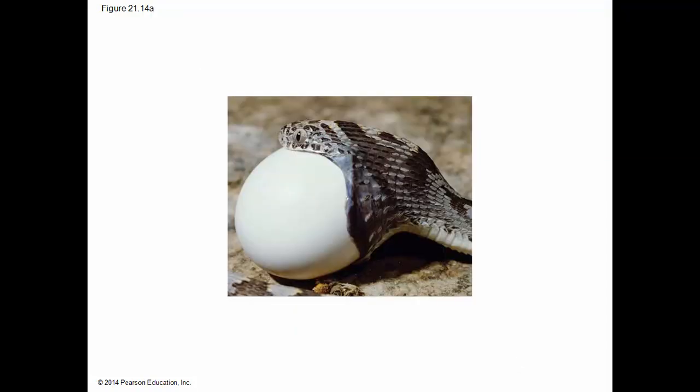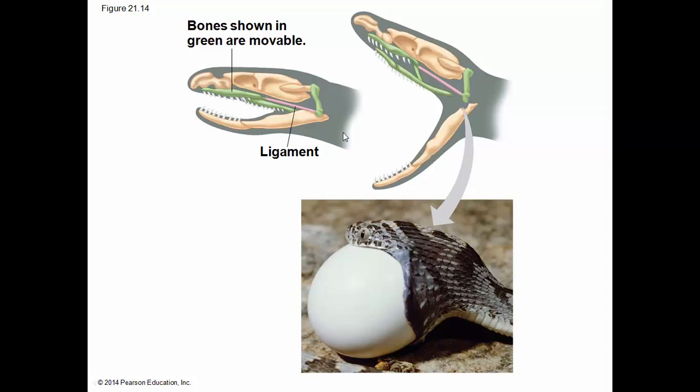Here's the ligament of the jaw that's evolved in order to help open that jaw. It's pretty much disconnected from the rest of the jaw, and it's able to eat an egg. So this snake can open up its mouth, and that's an adaptation caused by natural selection that enables that snake to increase its survivability.